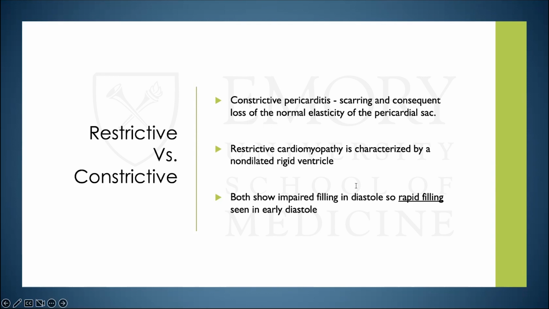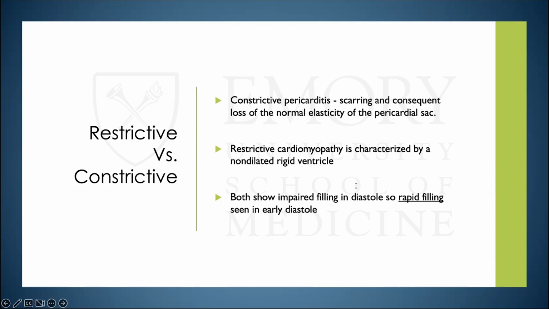What actually happens in both of these processes is that you have ventricular filling occurring very early and rapidly in diastole. When you have that rapid filling, you reach a certain fixed ventricular volume because of that fixed space, after which the ventricular volume cannot increase. After that early rapid filling in diastole, not much more volume can be accommodated.